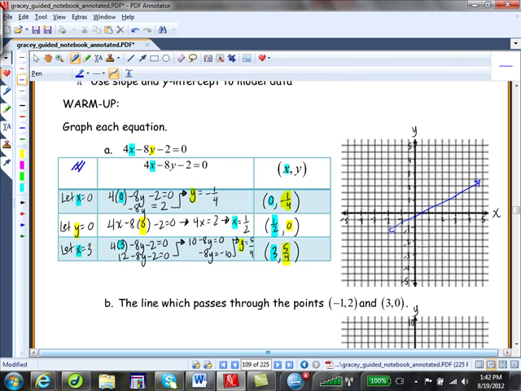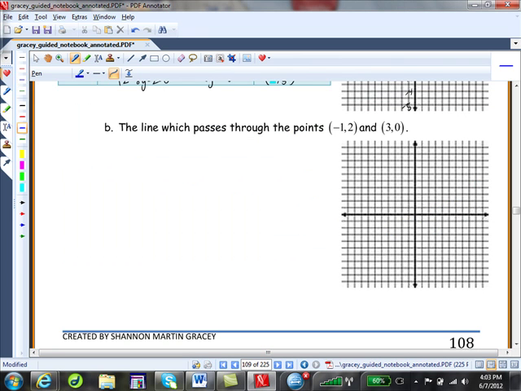How'd you do? I bet you did great. Points negative 1, comma 2, and 3, comma 0. So let's see what we can find out. I think one good way to go about this one would be to actually plot those points. So let's make a picture of what we have.